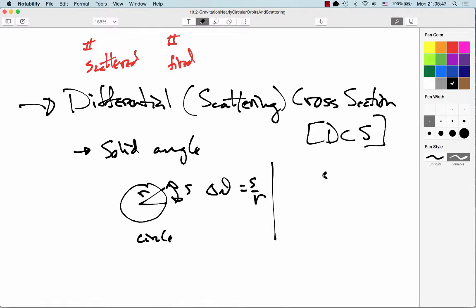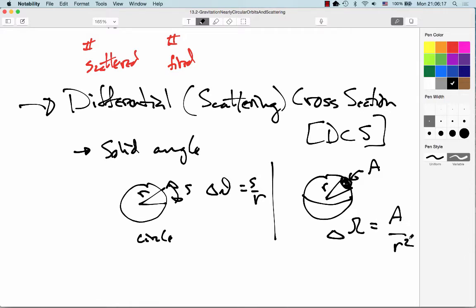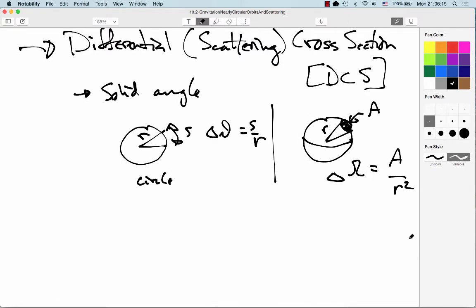For a solid angle, I would have a sphere. I'm going to put out some sort of a cone here, or whatever shape. Anyway, it'll occupy some area, and we define the solid angle subtended, delta omega, to be the area subtended over r squared, just following an analogy with the circle.